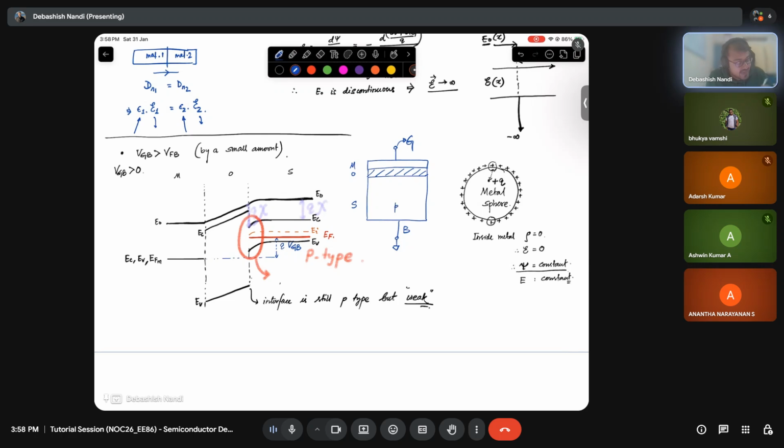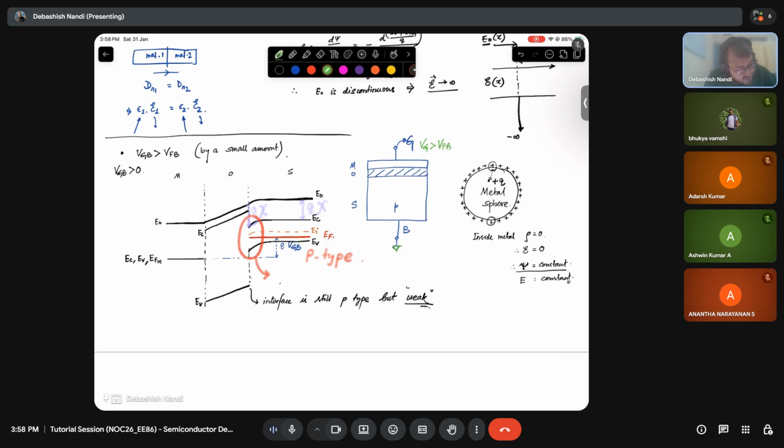This is P type, right? So what is happening basically? You are applying Vg greater than this. Let's say this is grounded. For the time being, Vb is 0. So my Vgb will be equal to Vg. So my Vg is greater than 0, or let's say more precisely VFB.